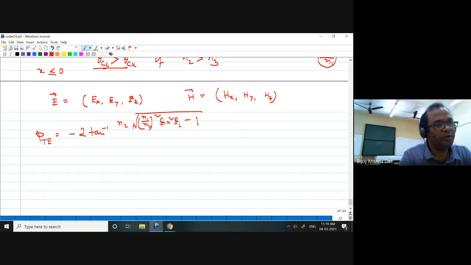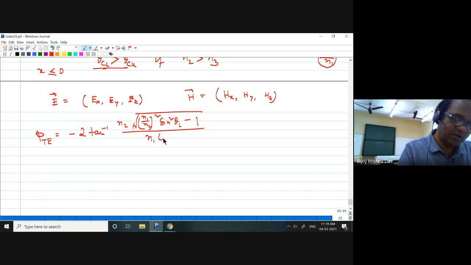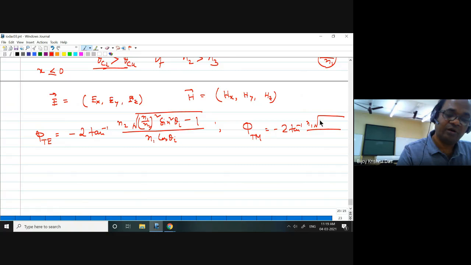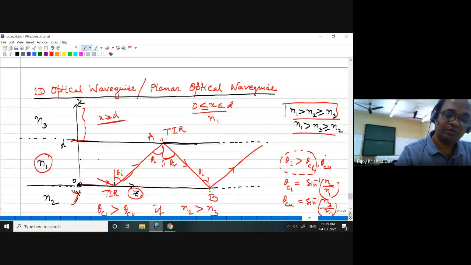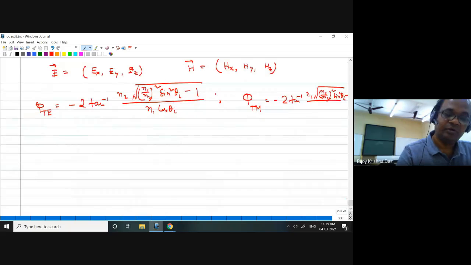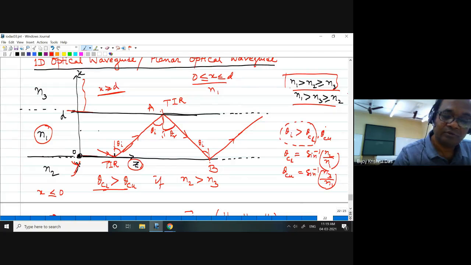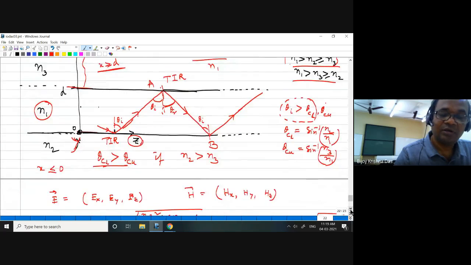That is actually your numerator, and the denominator is n1 cos theta I. And then we know that phi TM should be equal to minus 2 times tan inverse, and then here n1 times the square root of (n1 by n2) square sine square theta I minus 1. Oh, I am hitting on the border.